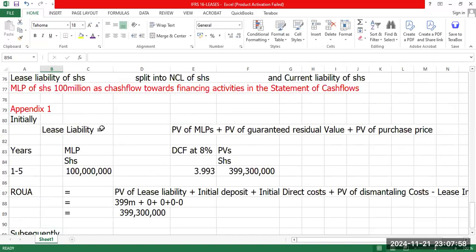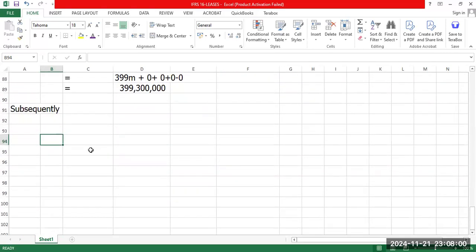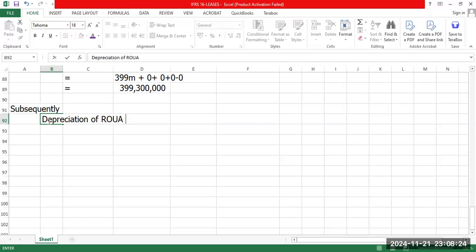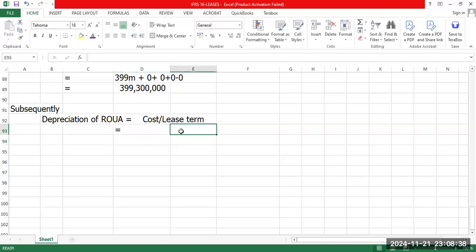we have to amortize lease liability. But before we amortize the lease liability, let's first handle the right of use asset because it is easier. We first depreciate. Depreciation of right of use asset is equal to the cost over the lease term. That's what we stated. So here the cost is how much?